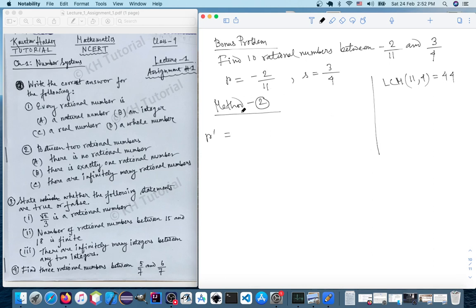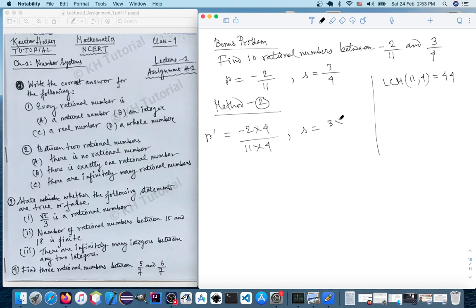So for that, what do we do? To have 44, we have to multiply 11 by 4, and we multiply the numerator also with 4. So it becomes minus 2 into 4 over 11 into 4. Similarly, for S, to have 44 as denominator, we have to multiply 4 with 11. So we multiply the numerator also with 11.